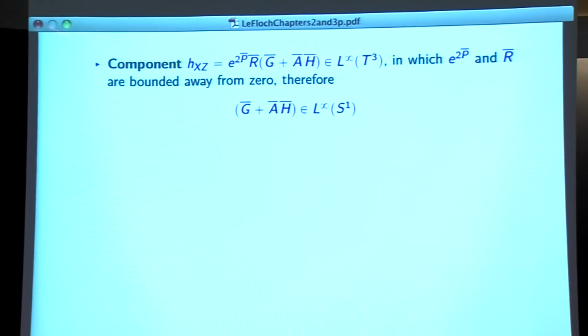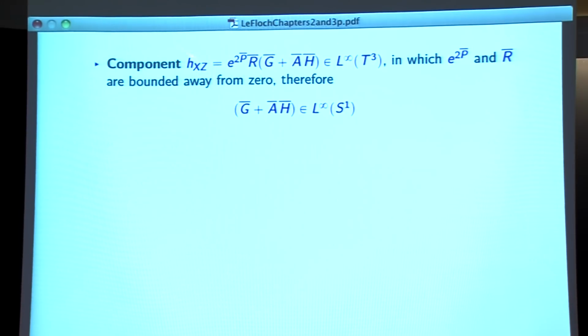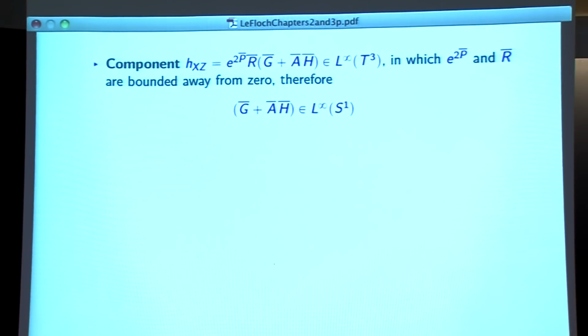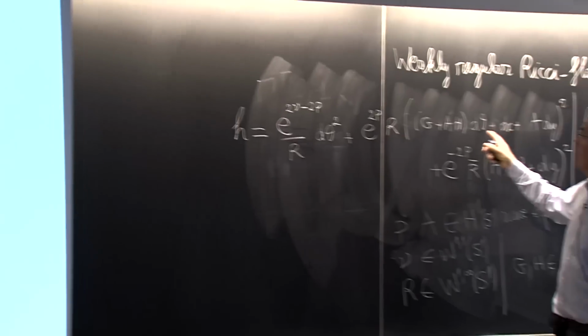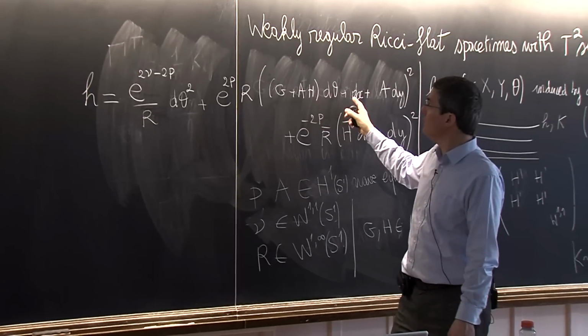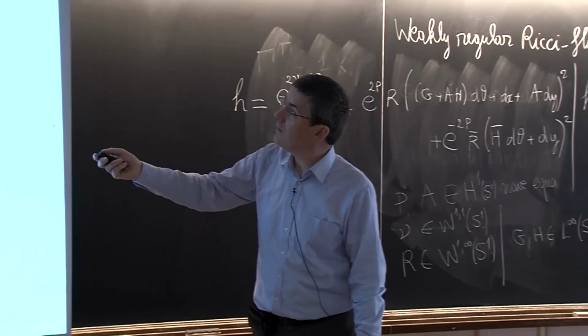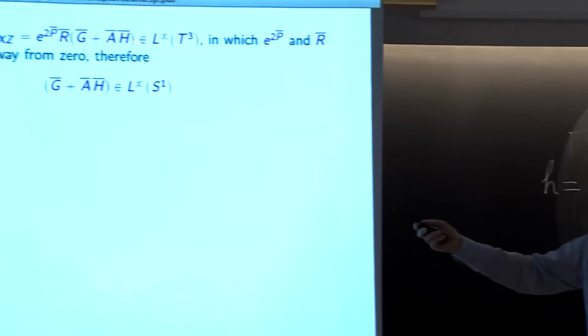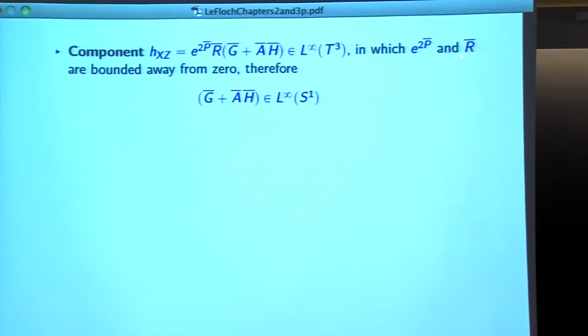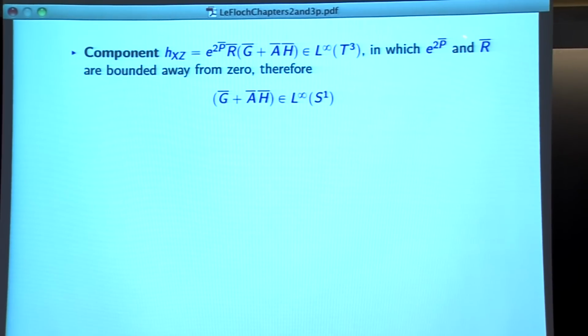If you look at the components now, HXZ, it's one other component. It's basically this product here. So G plus AH multiplied by E2P times R. But we already know that these two quantities are bounded, right?